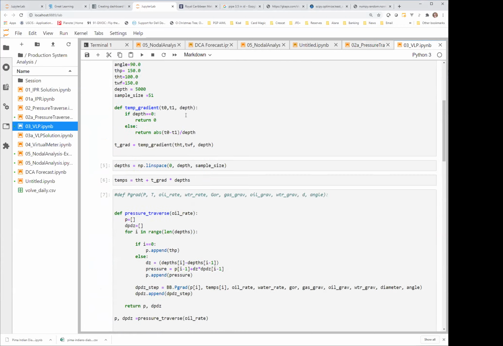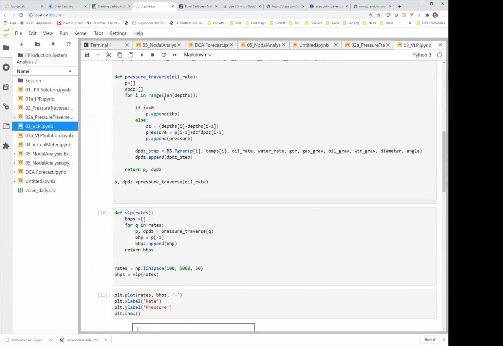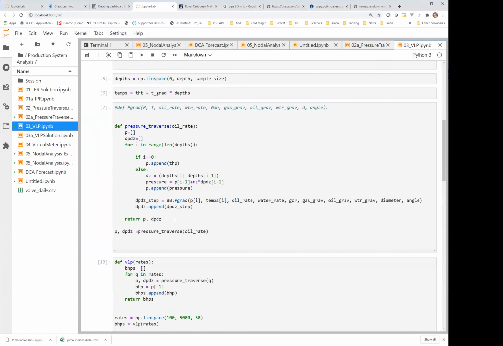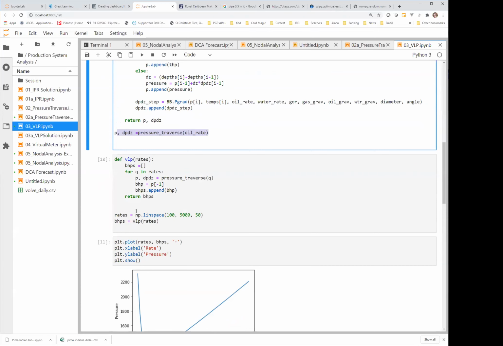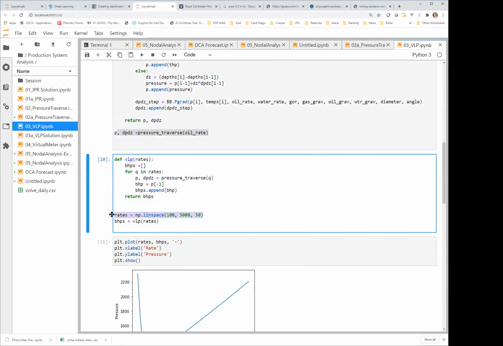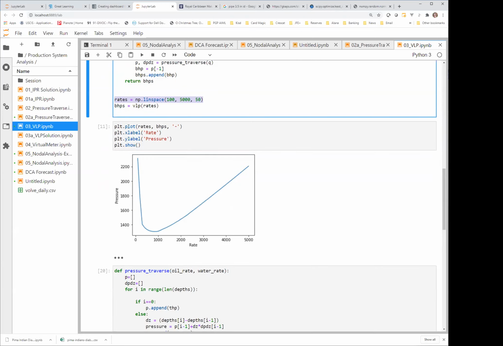If we use the same equation, but instead of having the pressure traverse, we just get the last point of the pressure traverse, and for different rates, we have a way to estimate what we call the vertical lift performance, which is nothing else than the flowing pressure at the sand face at different rate conditions, okay?